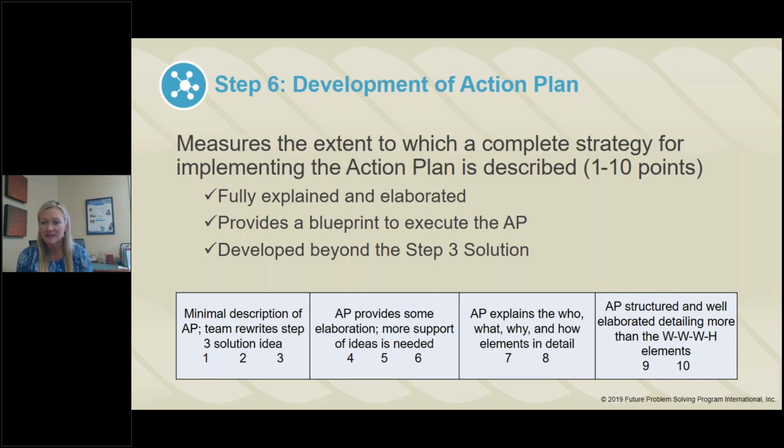You may notice that there has not been any points awarded for paragraphs or grammar or anything like that. It's hard when you look at step 6. It does look like it is part of a narrative or a story. It does not have to be written in paragraphs.